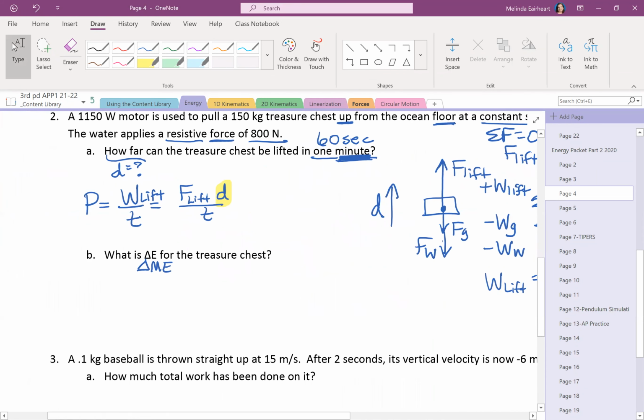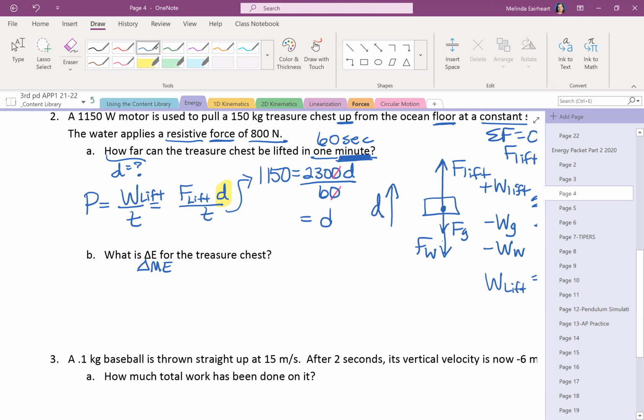And so over here, power is equal to that 1150 equals the 2,300 times distance over 60. So you can simplify if you want, do your multiplication, your division. Let me know what you get for distance. 30. Sounds familiar. So we're going to lift this in 30 meters in 60 seconds.